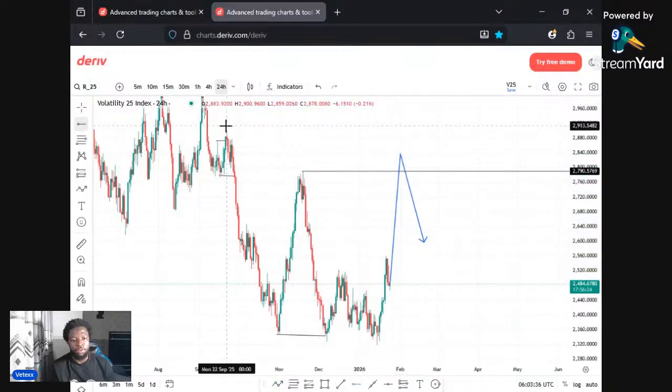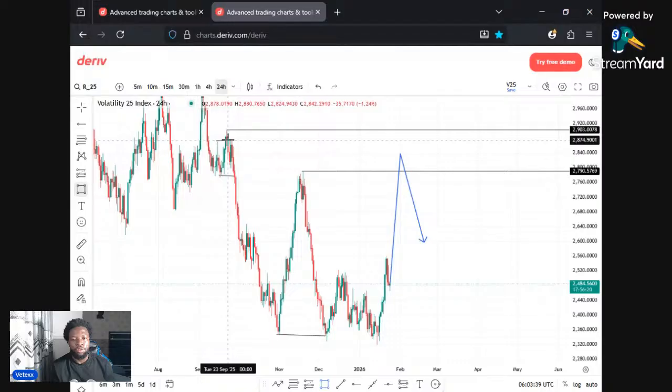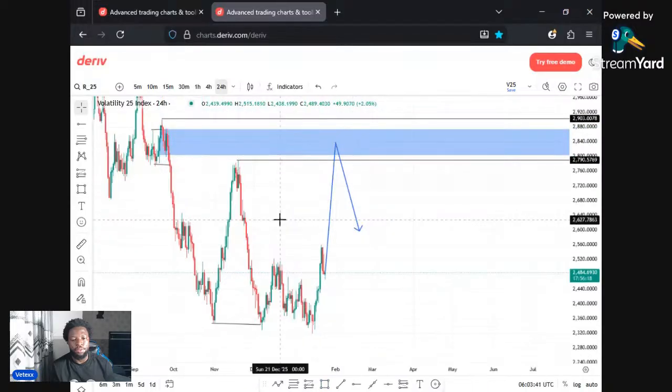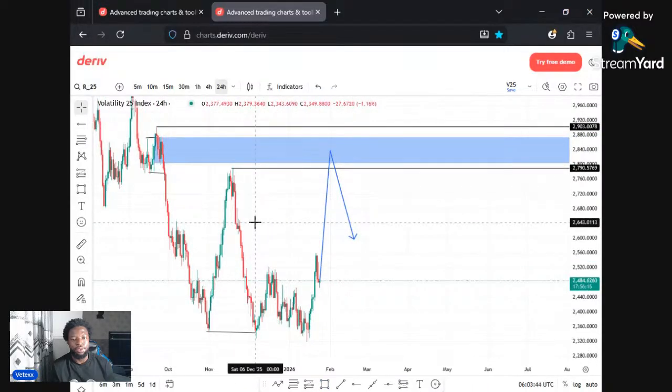So when price comes into this point of interest and starts giving us continuation on the 4 hour and 1 hour time frames, we can then scale down to the lower time frames, 15 minutes, 10 minutes, and start selling. That's what we are going to be doing.